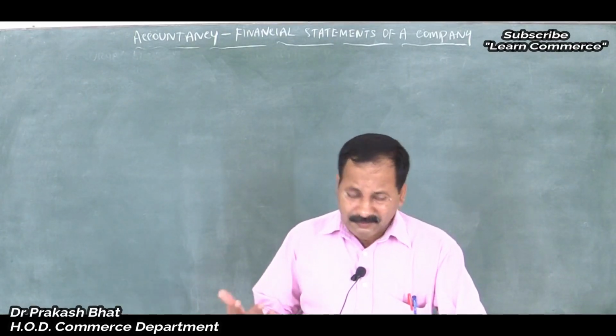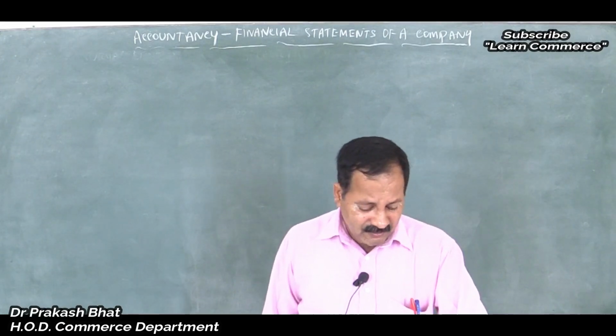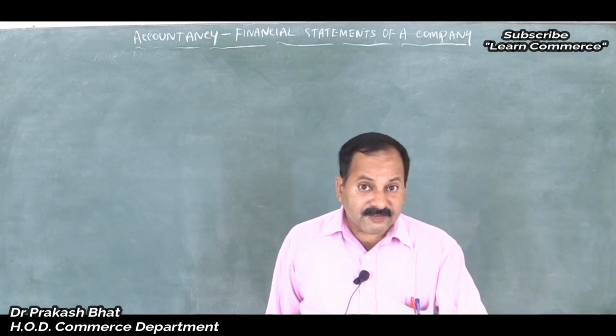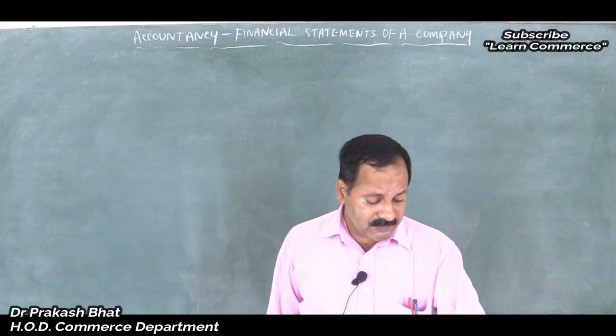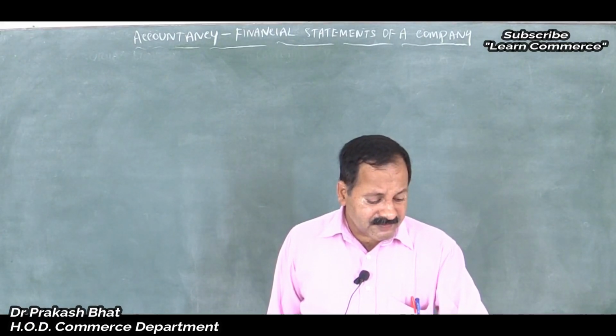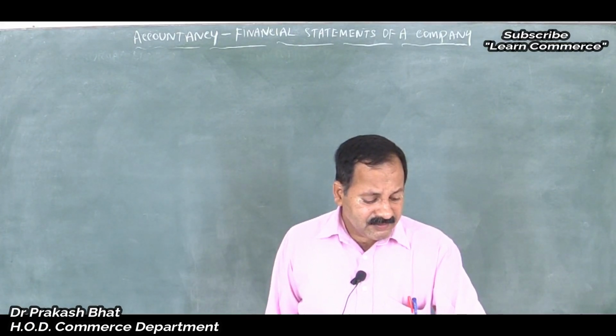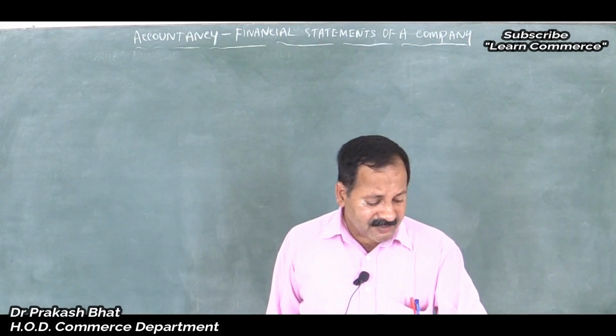Current liabilities, you know it very well. Current liabilities, it is there. Preliminary expenses comes under other expenses, under current asset. Other current assets, under that it comes, that is preliminary expenses.